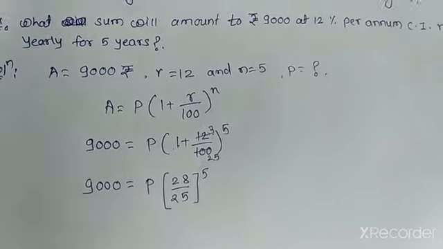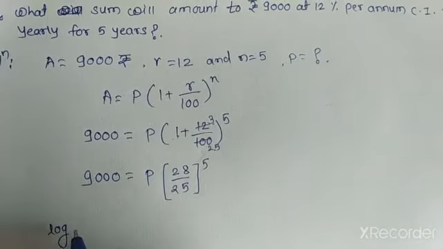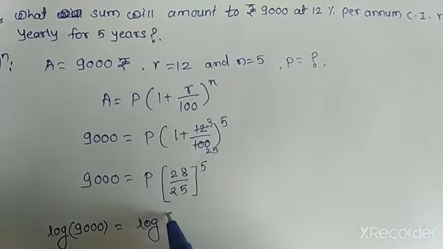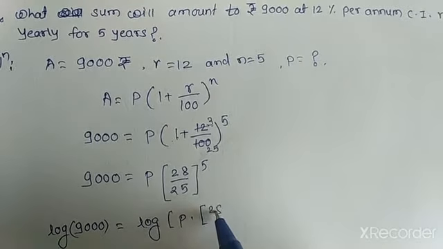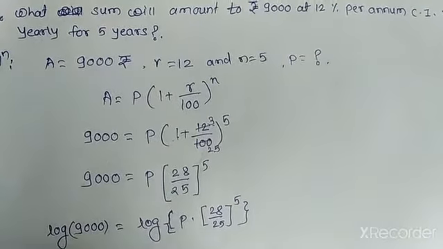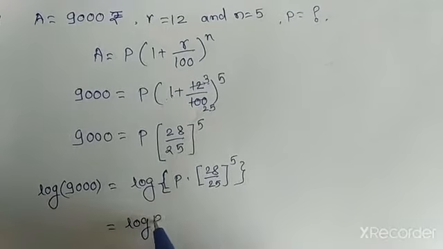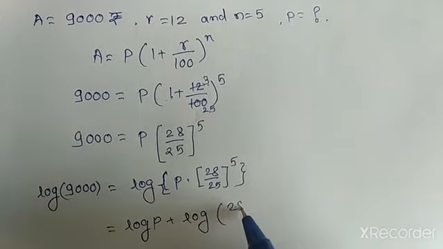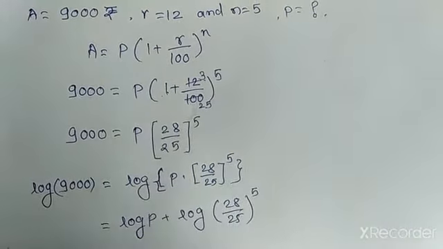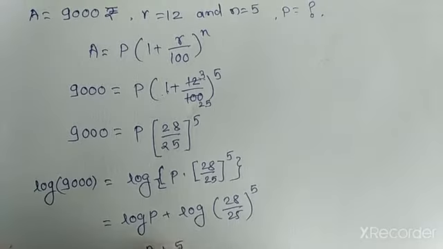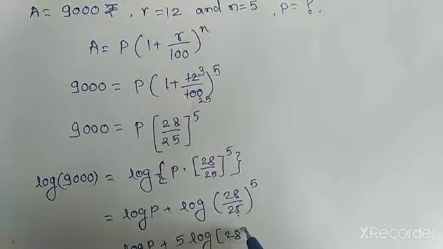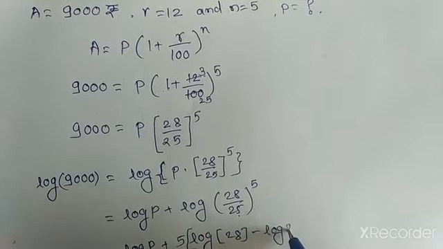Okay, so taking log on both sides, log of 9,000 is equal to log of P into 28 upon 25 raised to 5, which can be written as log of P plus log of 28 upon 25 raised to 5, which is also written as log P plus 5 log of 28 upon 25, which can be written as 28 minus log 25.